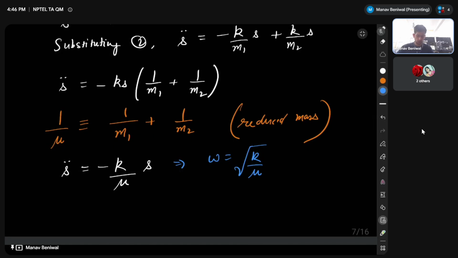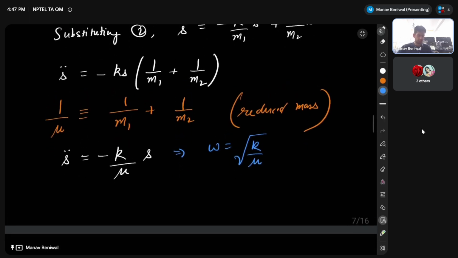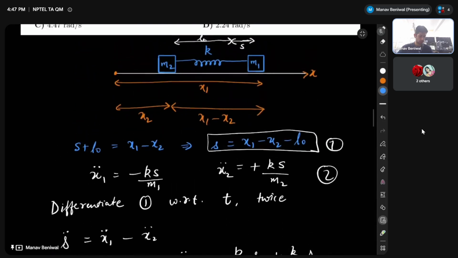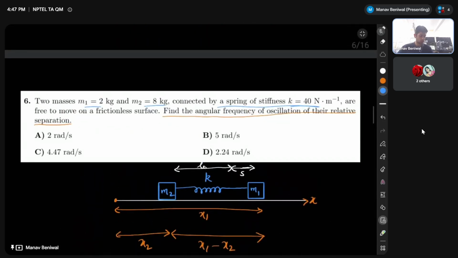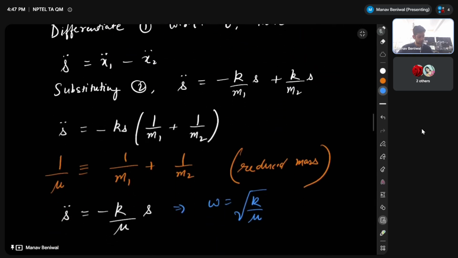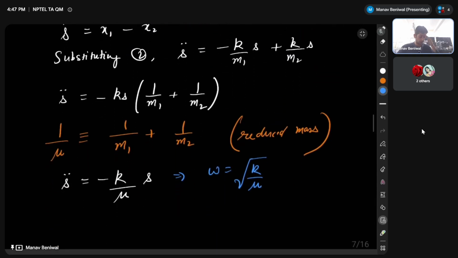Okay, so for the masses given to us, m1 and m2, this is 2 kg and 8 kg. So our 1 over mu will be 1 over 2 plus 1 over 8, right? So this becomes 4 over 8 plus 1 over 8, so this becomes 5 over 8.